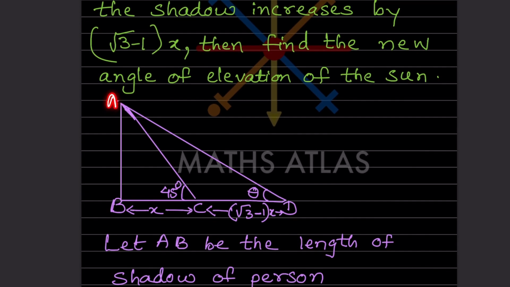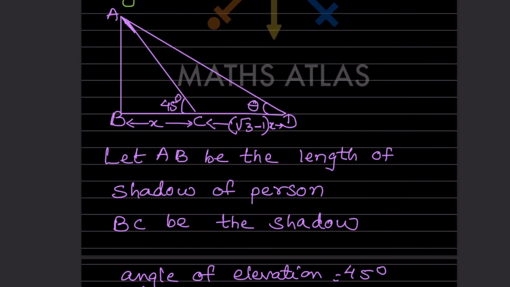So now let us name the points A, B, C, D. You can name it anything, so I just name A, B, C, D. This is 45, and we don't know this other angle, because they have asked for the new angle, which we can consider as theta. Let AB be the height of the person and BC the shadow.